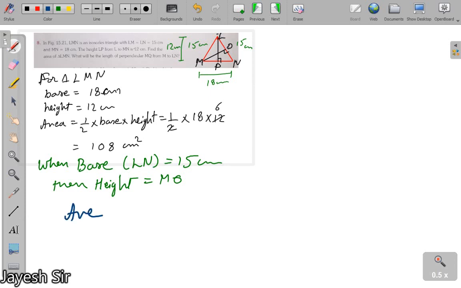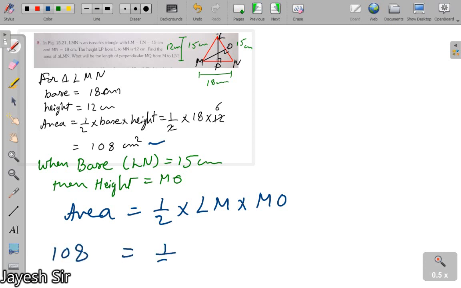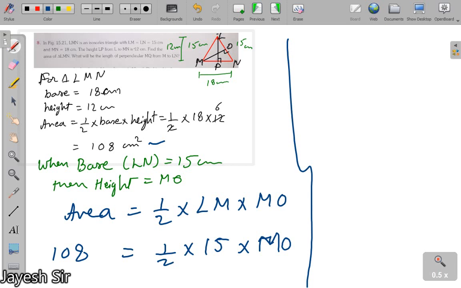Area is equal to half into base LN into height MO. Area we determined as 108, that will remain constant, so 1 upon 2 into 15 into MO. Using this equation you can easily determine the value of MO. I will leave the calculation part to you.